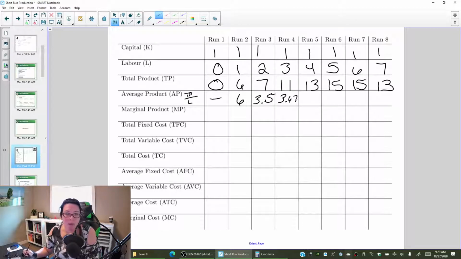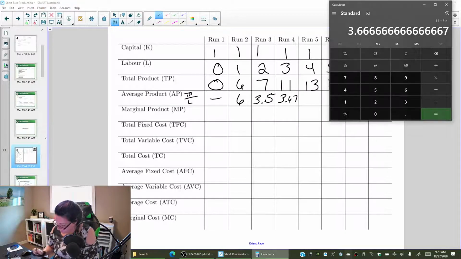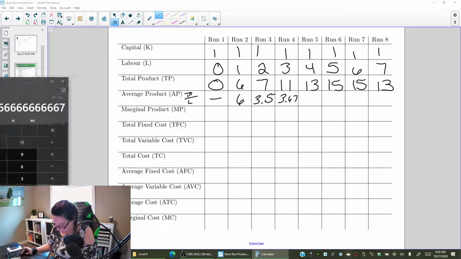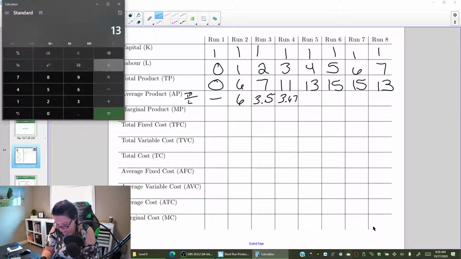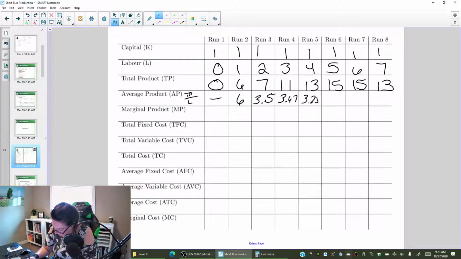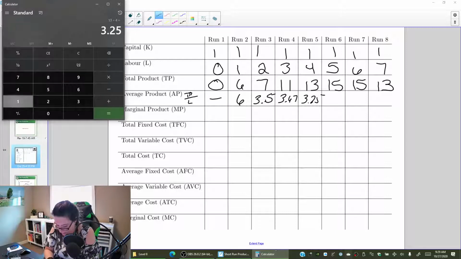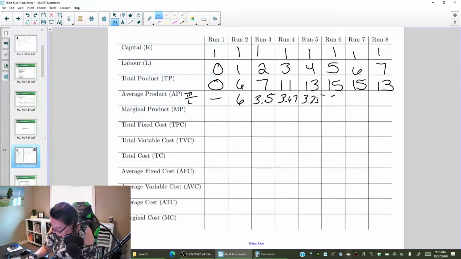All right, so take a moment and do the other calculations as well. So what happens to the amount produced per worker as we add additional workers? So we'll take our 13 divided by 4. We get 3.25. And our 15 divided by 5, now 15 divided by 5 is 3.